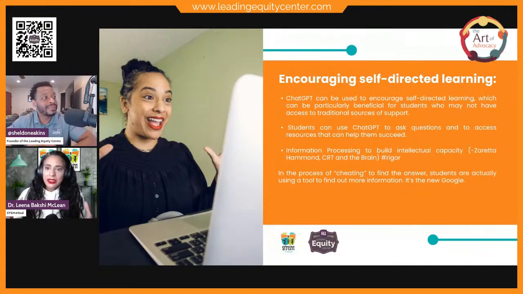So having students be able to take ownership of their learning and be self-directed in the learning. So it goes back to my point earlier when I said in the process of cheating to find the answer, students are actually using ChatGPT as a learning tool to seek out information and seek out more of that information.